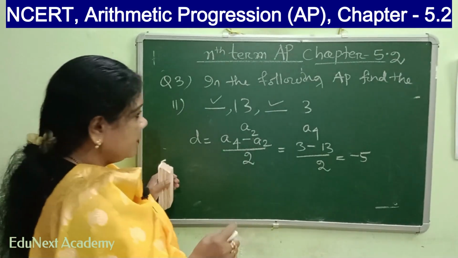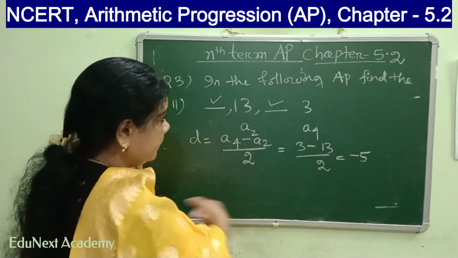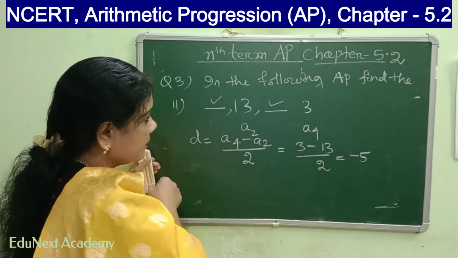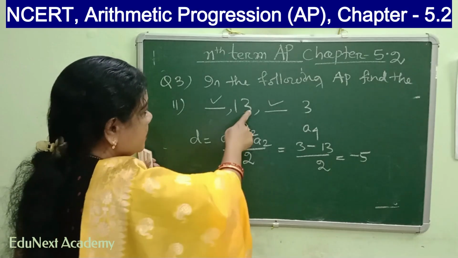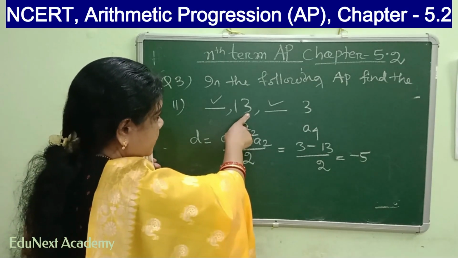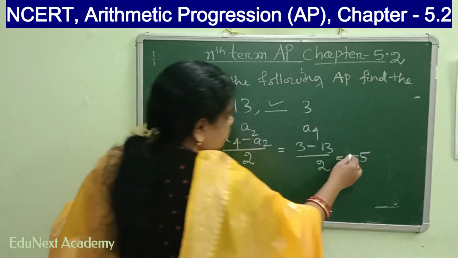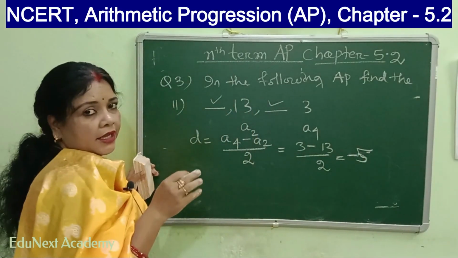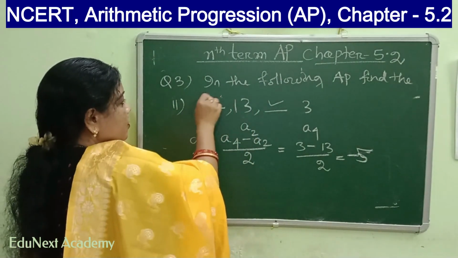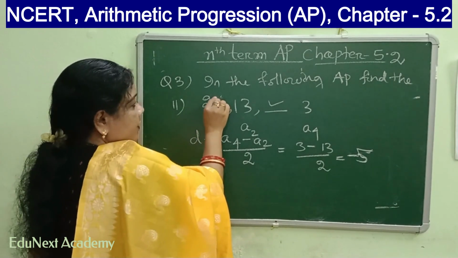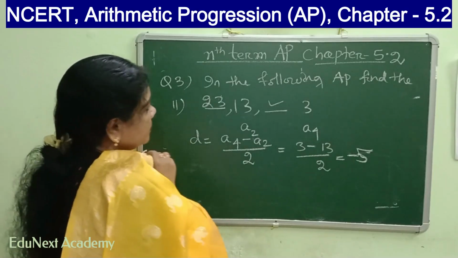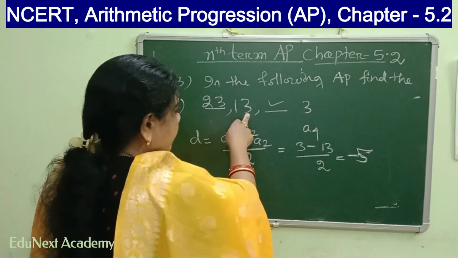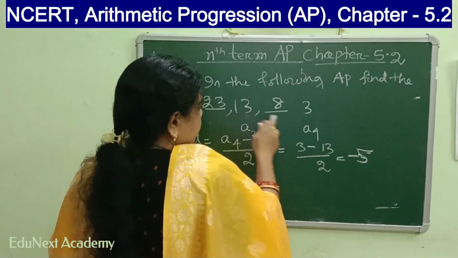Okay, so if the difference is minus 5, what is the first term here? 23. Yes, as this is minus 5, that means gradually our digits are decaying. So this term is 23, then 13, then 8, then 3.